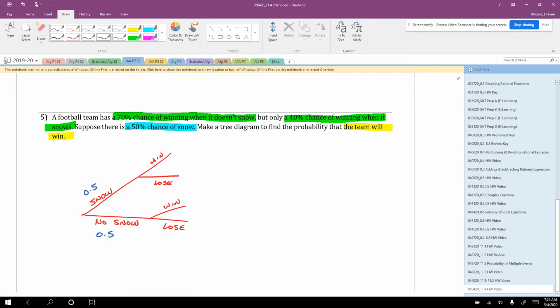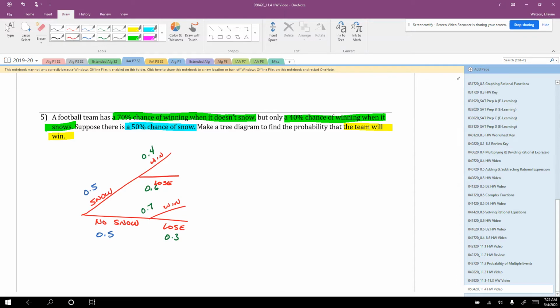So doesn't snow, chance of winning is 70%, so this is our 0.7. Chance of winning when it does snow, 40%. Okay, and then you have to fill in the lose, or the not win, and that's just going to be 100 minus, or 1 minus 0.4. So this one's going to be 0.6, and this one's going to be 0.3.